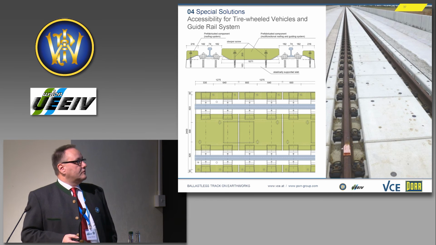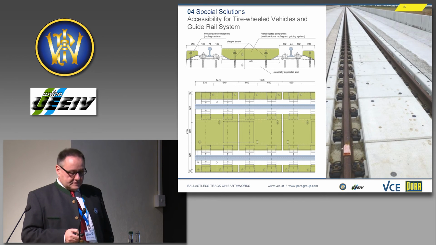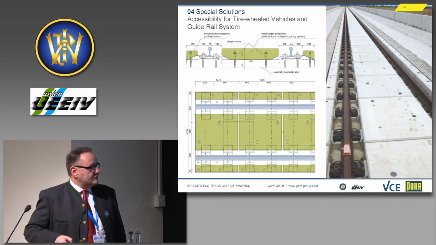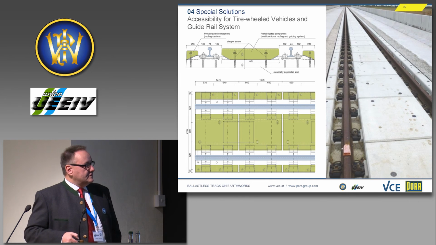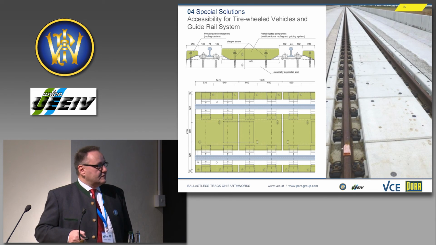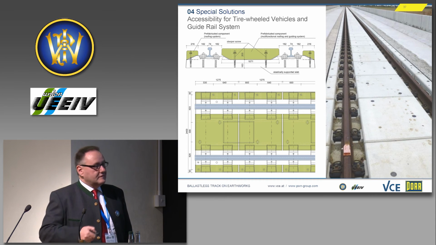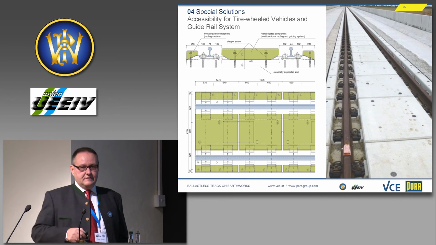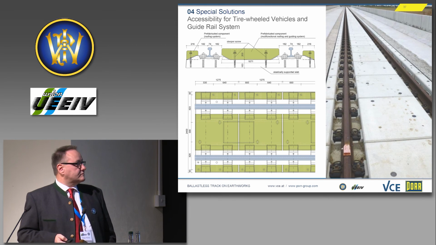This may be due to special emergency concepts, for example for tunnels, and therefore we developed this system, which on one hand allows the cars to move on, but is also a kind of guide rail system, because these precast slabs are fixed so that if a derailment occurs, these slabs withstand this derailment, and the derailed vehicle is guided in this area here. This can also be combined with noise absorbers so that we have a noise absorbing surface and reduce the airborne noise.